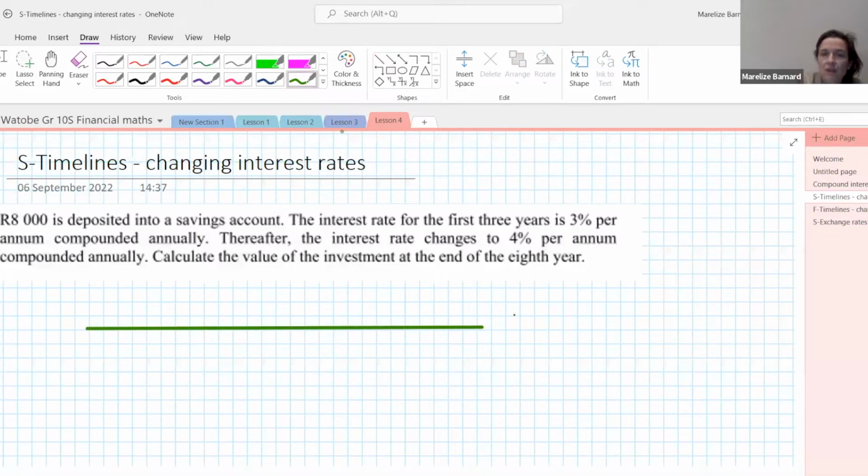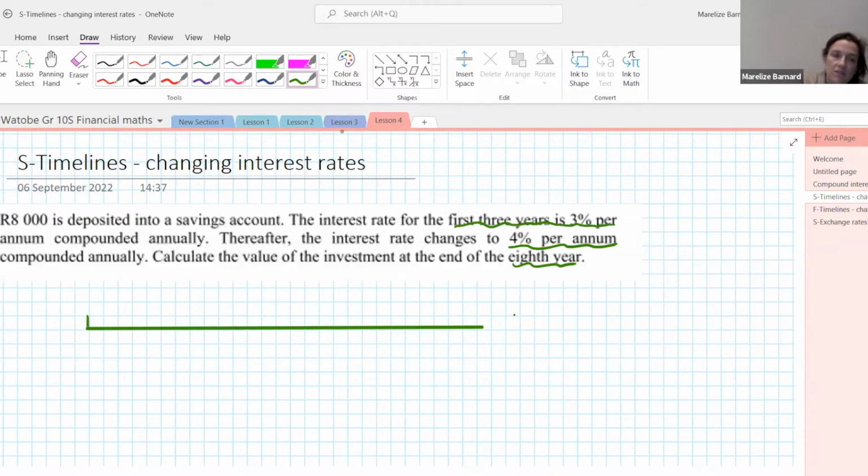And the reason we draw a timeline is because we have an interest rate change. So the first 3 years, we are getting 3%. And then after that, we're getting 4% per annum compounded annually. And then how much do you have at the end of the 8th year?